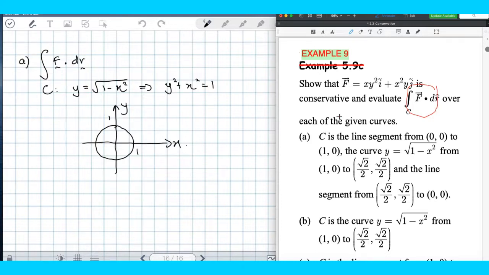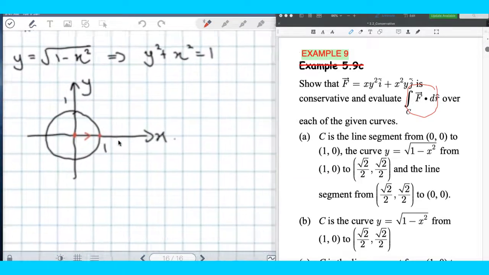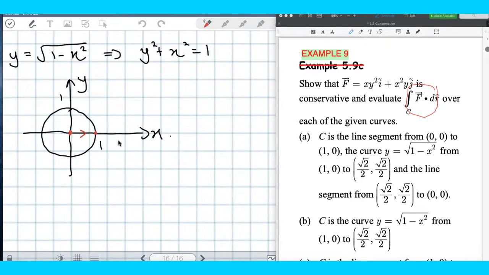Okay, so now we read again the instruction. So you have the line segment from 0, 0. 0, 0 is here, and then to 1, 0 along this line segment. Okay, and then from 1, 0 to square root of 2 over 2, square root of 2 over 2, where x and y are the same, so it should be at this point, I suppose.